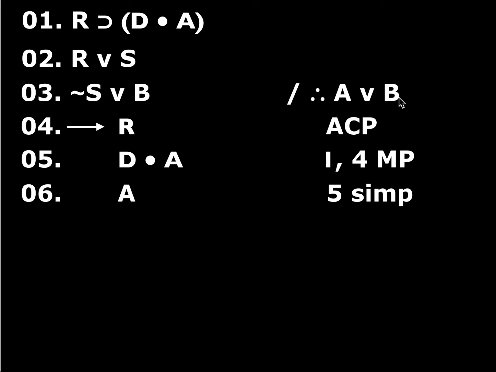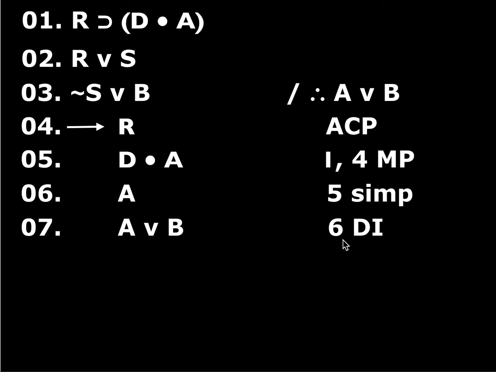We're trying to get A or B. Someone assumed R, then they got D and A, they simplified A off, and maybe that person thinks, oh, look, I've got A now, I can get A or B by DI on line 6, so now I'm done. And they just turn in the quiz.